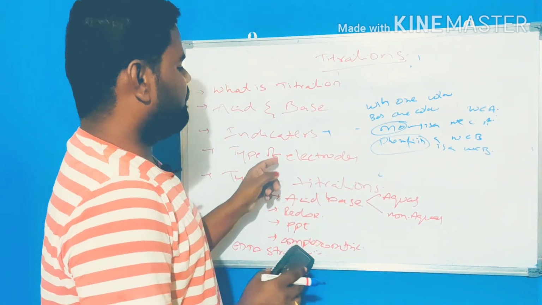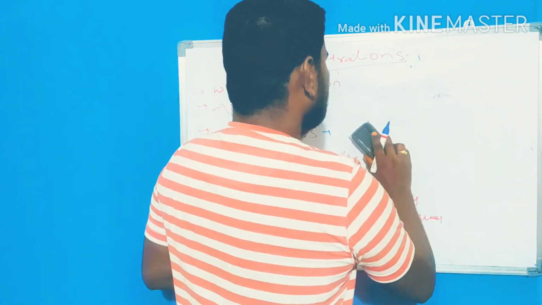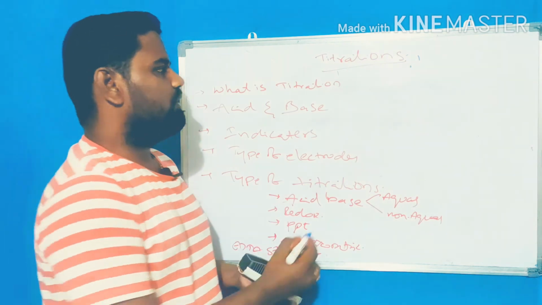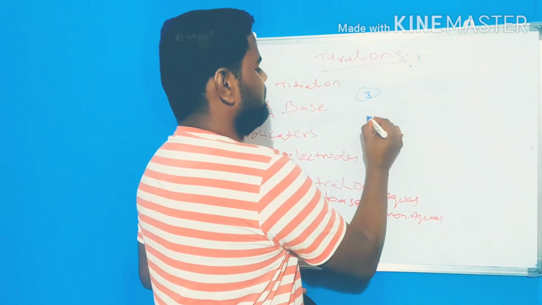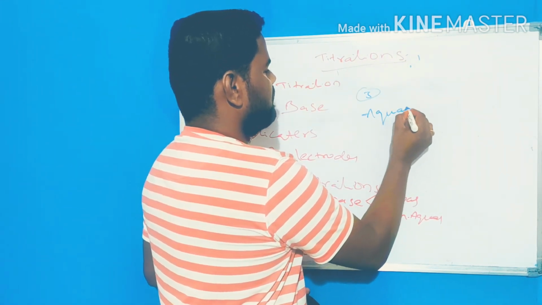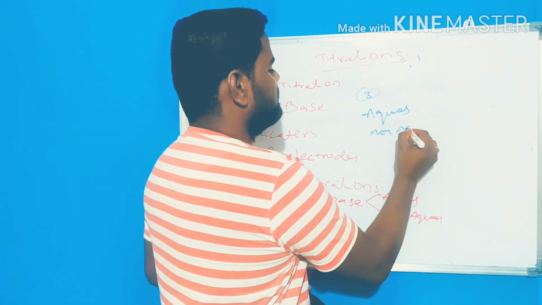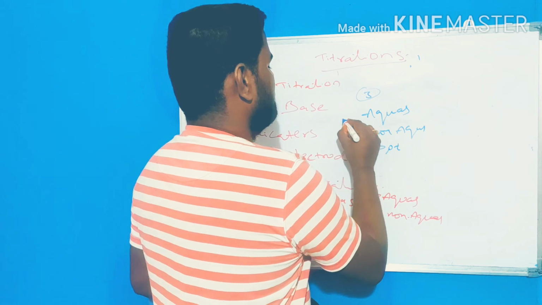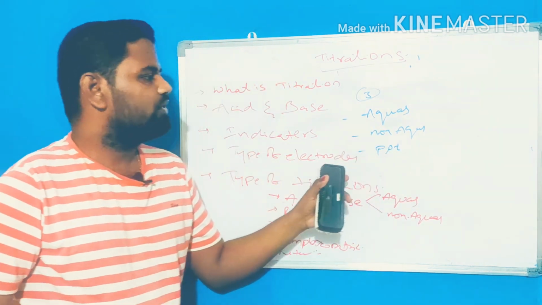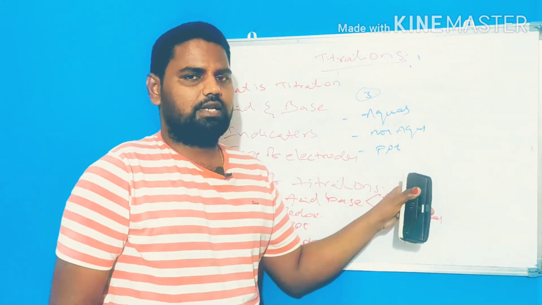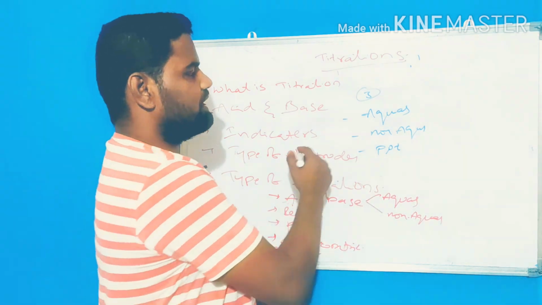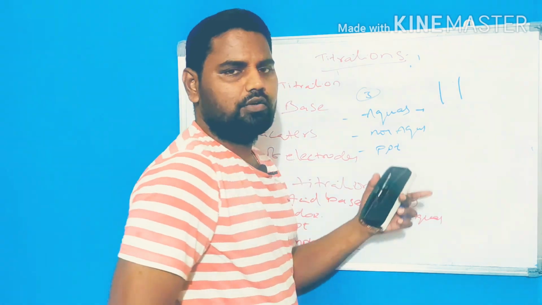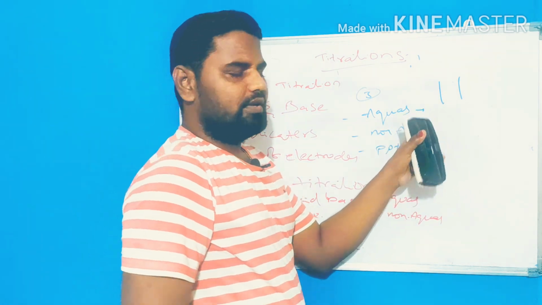Next, types of electrodes. As per my knowledge, there are three types of electrodes: aqueous, non-aqueous, and precipitation. These three types of electrodes are usually used in the pharmaceutical industry. The aqueous electrode is like this.